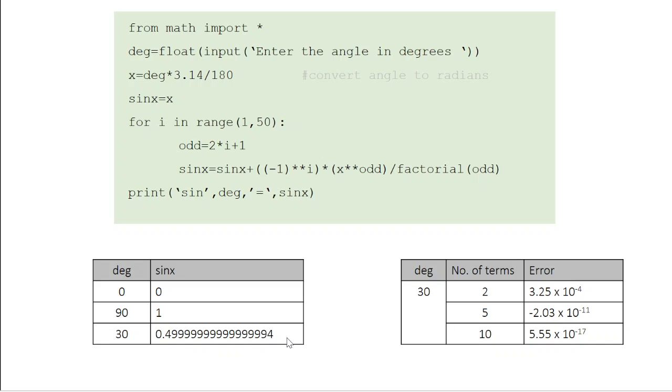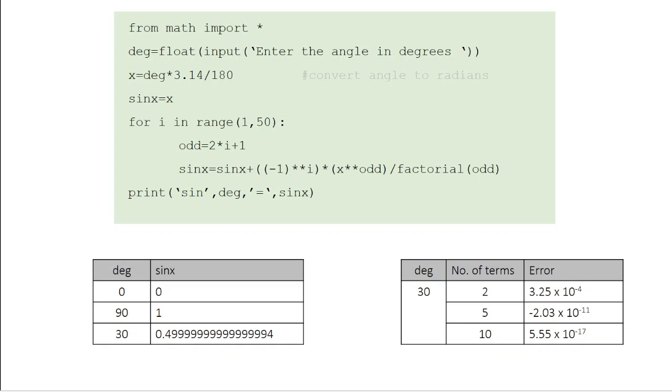Because numerical methods give you an approximate solution, not the exact solution. So in these two cases, it happened to be the exact solution, but here you can clearly see the difference between analytical solution and numerical solution. You will get a value very close to 0.5, but not exactly 0.5.